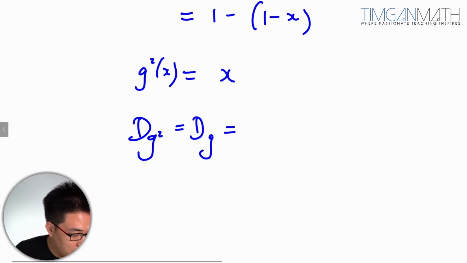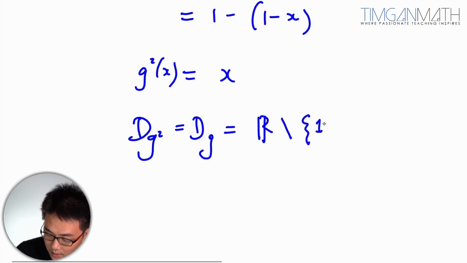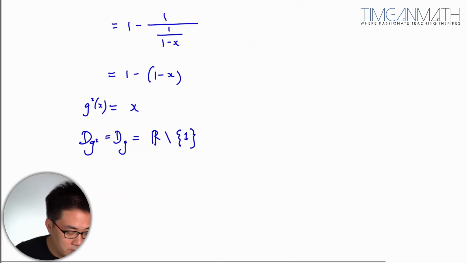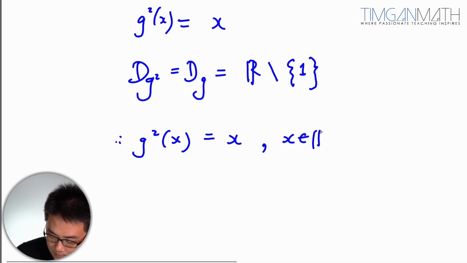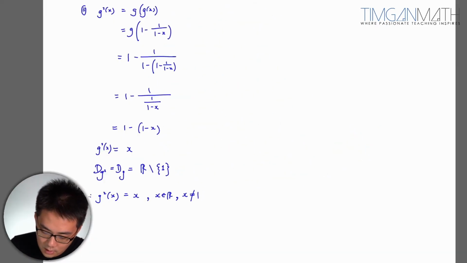So hence g squared of x is equal to x, and this will give us x real value and x not equal to 1. Okay, that's 1.